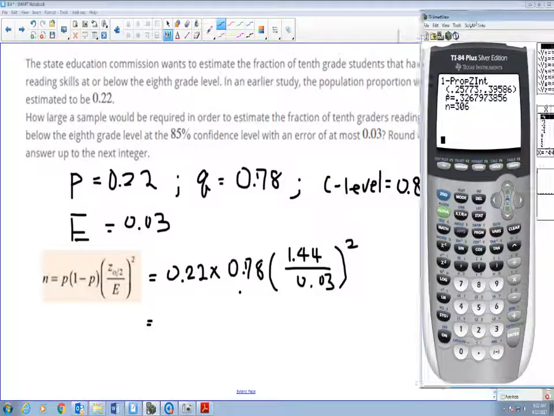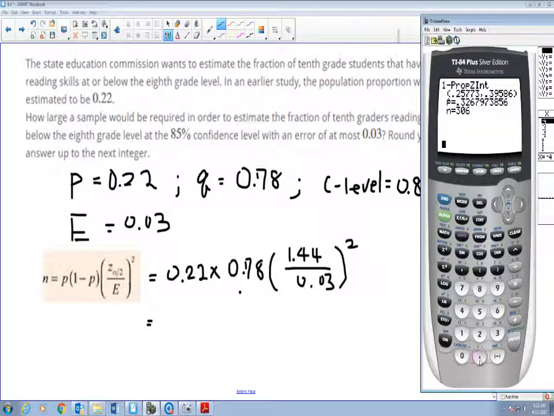Alright, let's punch it in. Parenthesis 1.44 divided by 0.03, whole thing squared. Round to the nearest whole number, up to the next integer.